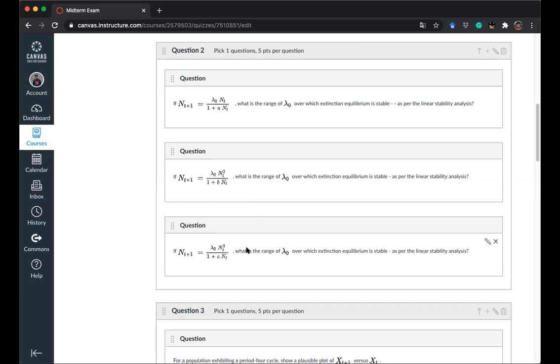Did you cancel NT, by the way, before doing that? You must have cancelled. Which question did you have, by the way? Question 3. Yeah. See, basically, just look at this, right? Now, if you just replace NTs by N star, you have N star is equal to lambda 0 N star cube divided by 1 plus c N star, right?